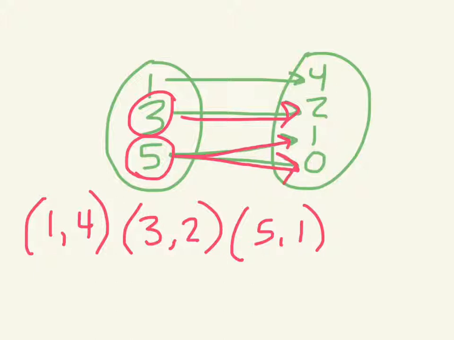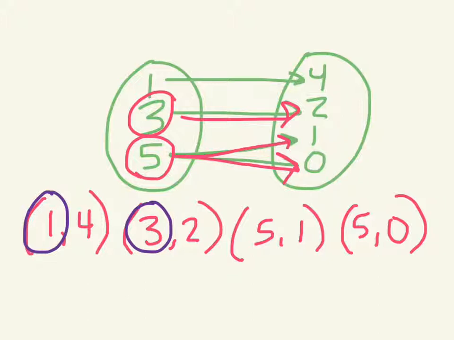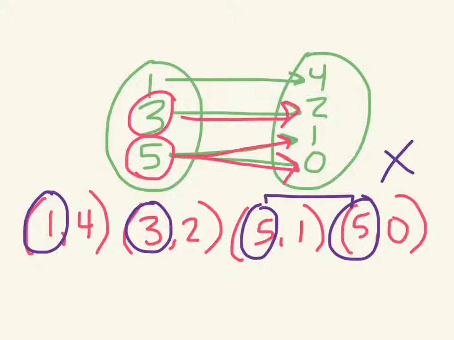And when x is 5, y is 0, so I'm going to write 5, 0. Now it might help you to remember that when there's a repeat in the x's, that's when it's non-functional. So far no repeats, so far no repeats, uh-oh. The 5 repeats for the x, so we know that that's non-functional.